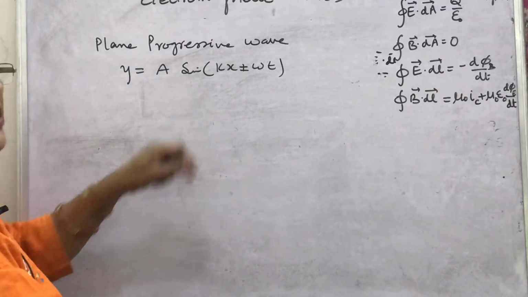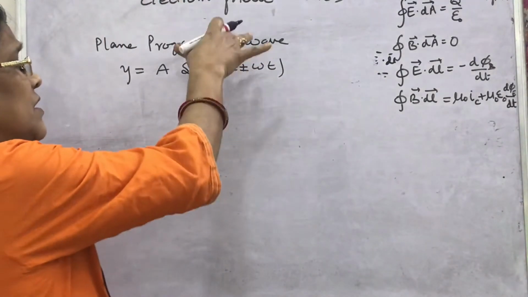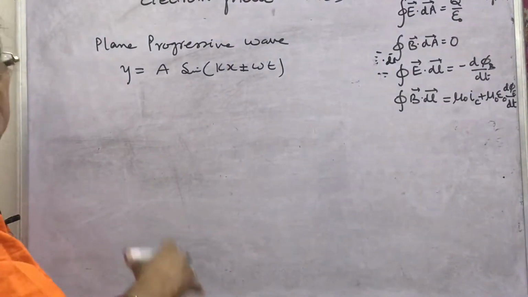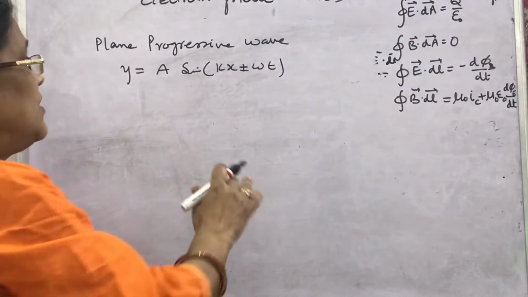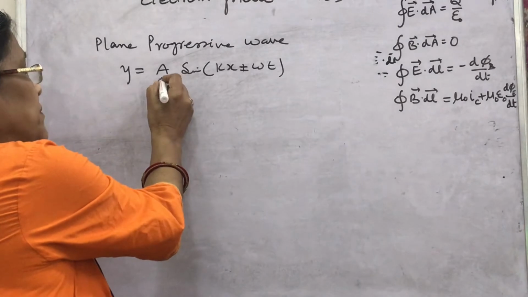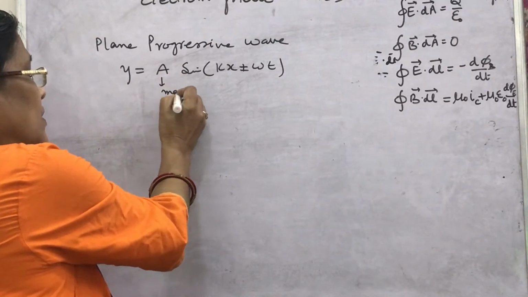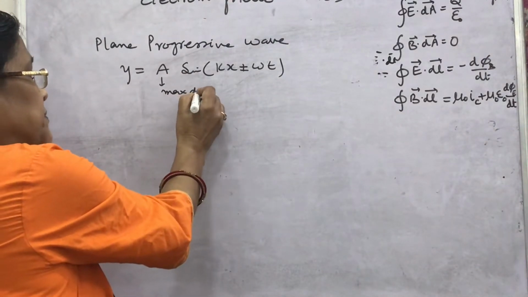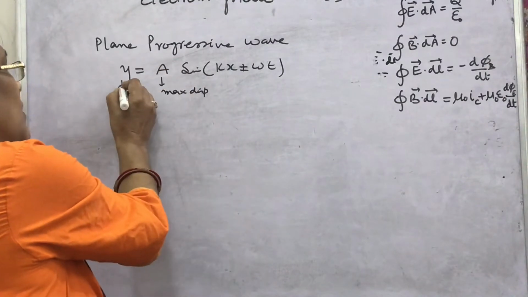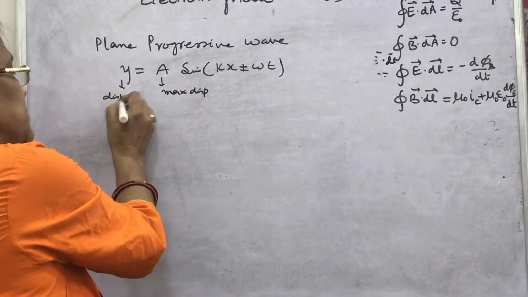How is this equation framed? This is given in detail in the chapter on waves. A is the maximum amplitude, the maximum displacement, that is called amplitude. What is y? y is the displacement.